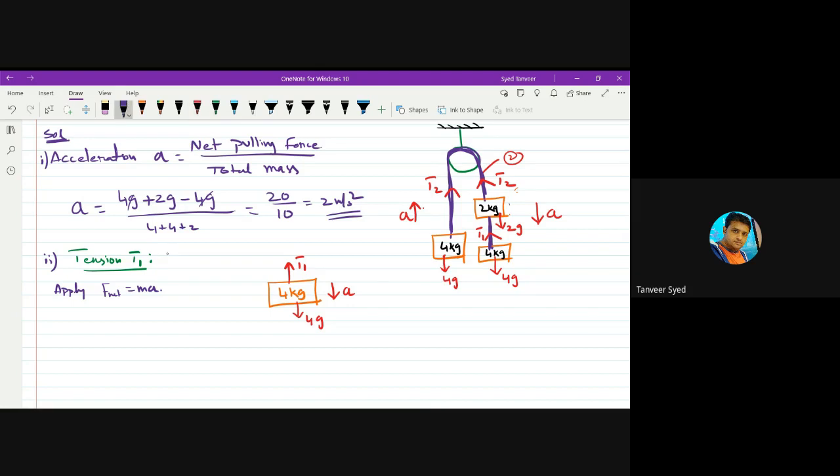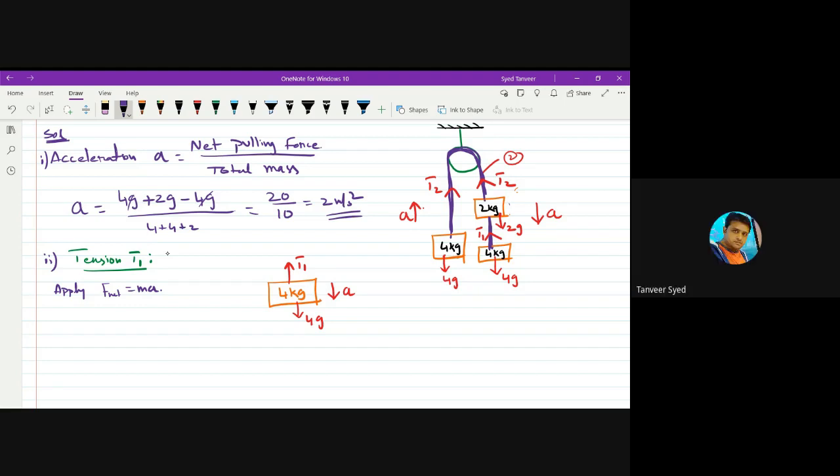So if I apply F net equal to ma to this free body diagram, what is the net force acting on the 4 kg body? Tug of war. Remember tug of war. Is this 4 kg block stationary or moving?